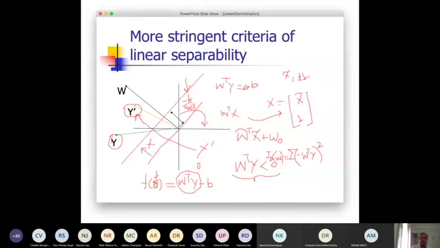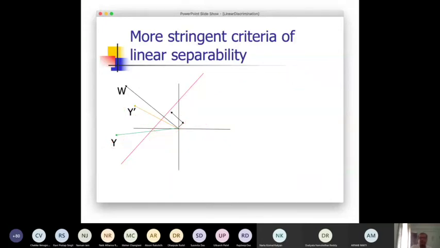Anyway, let me proceed in that case. Let me clear this diagram. So this is what I was talking about. It is W transpose X equals B. Actually, we can say also Y, because in our space, if I converted this data, then this is the shift. So there we define error.